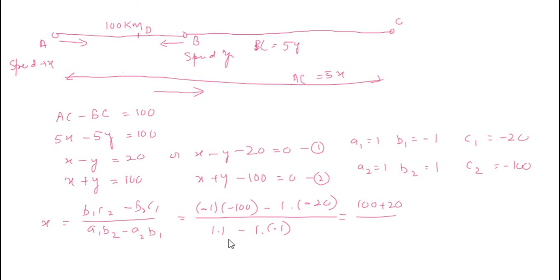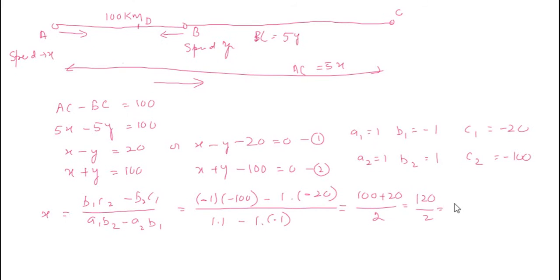So here it is 1 plus 1, so this becomes 2. So this is 120 divided by 2 equal to 60 kilometers per hour. This is the speed of car A.